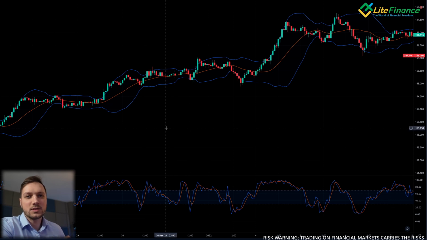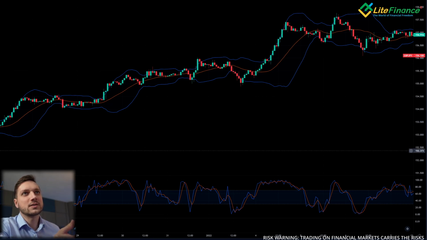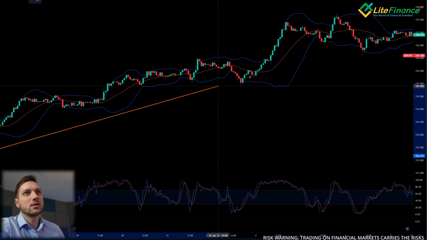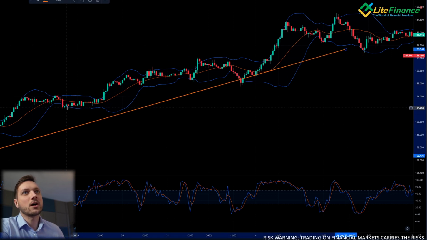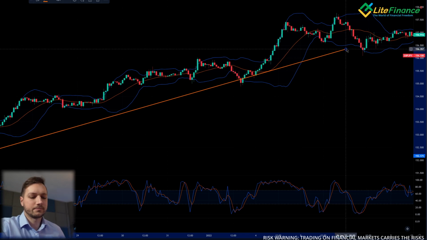But as always, we need to take only sell signals in a downtrend and buy signals in an uptrend. But how to identify whether we are in an uptrend or downtrend? Here you might say that clearly this is an uptrend. We have the upward move, higher highs, higher lows, and so on and so forth.